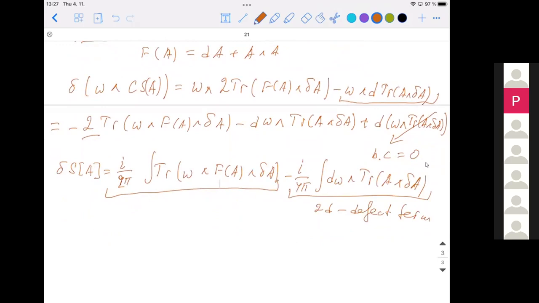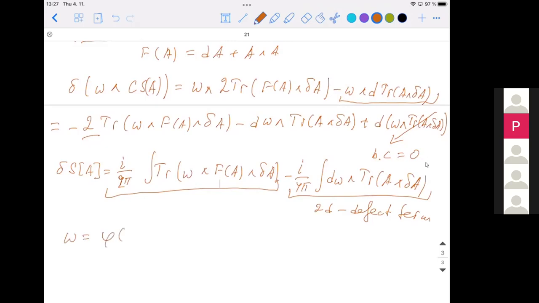Just a quick note here: omega is f(z) dz. So that means for omega we can only take dz bar.